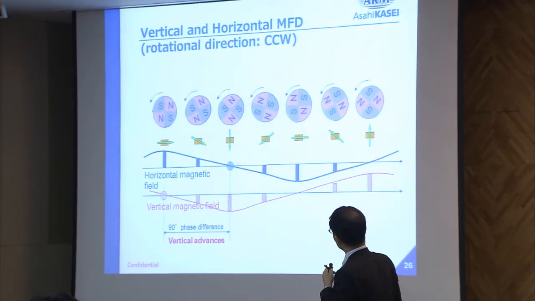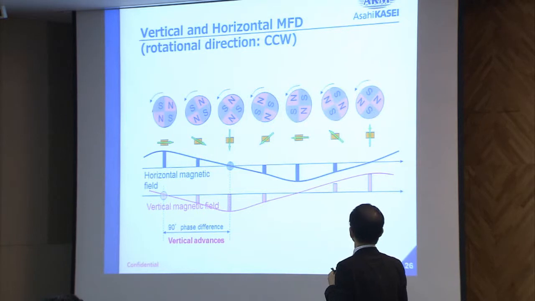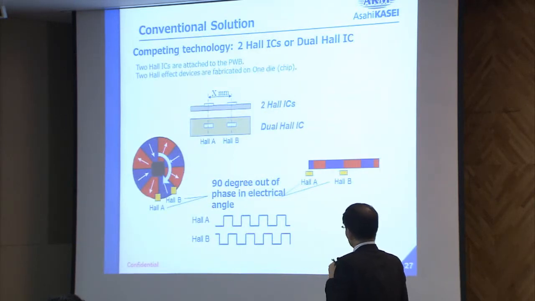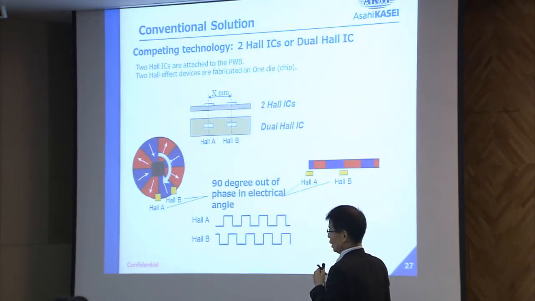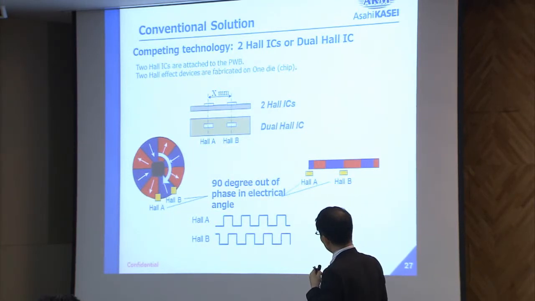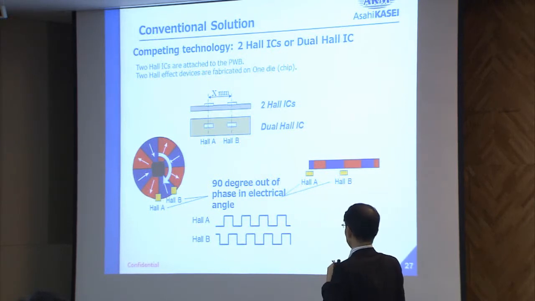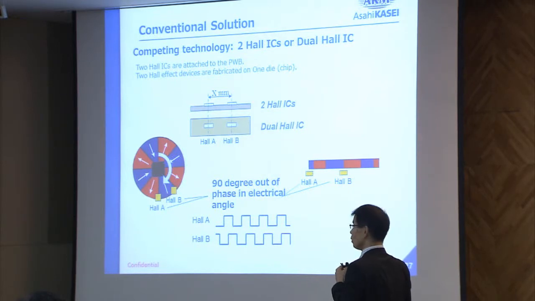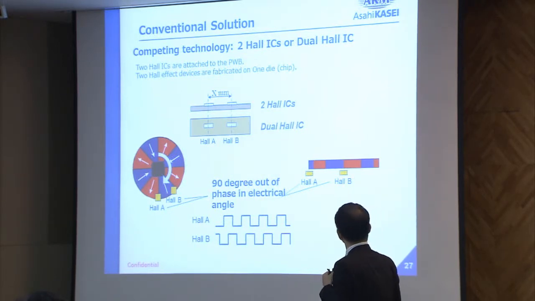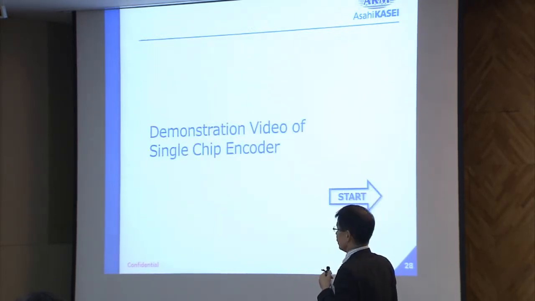And we also detect the rotational speed. In a conventional solution, to obtain the same information, we need two Hall ICs, and we have to adjust the pitch between the two Hall ICs and the magnetic pole. So please enjoy the video.